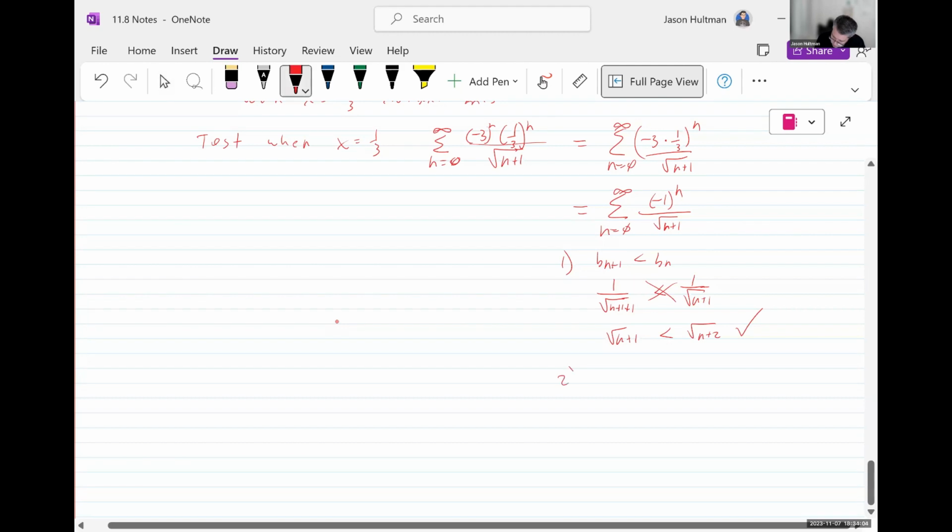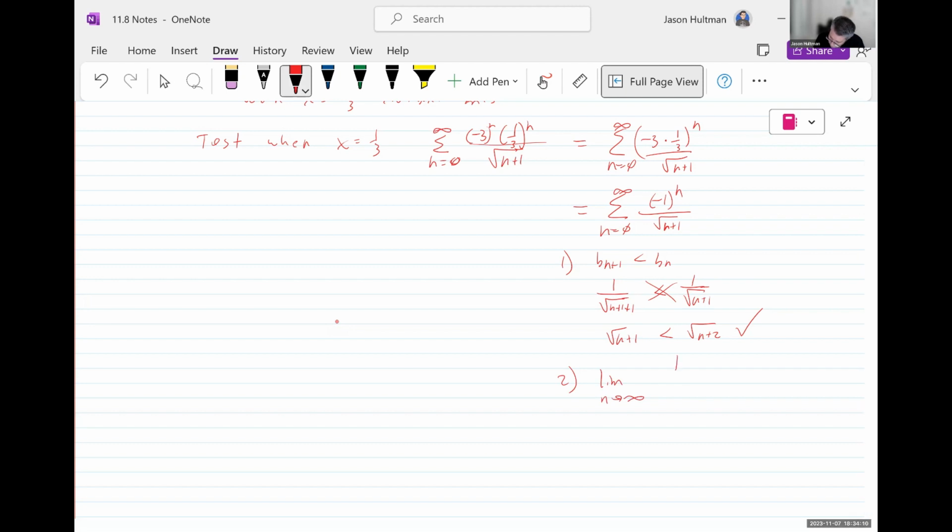So that checks. Number 2 is the limit as n goes to infinity of 1 over the square root of n plus 1. Does that equal 0? And it does. We could turn this into the limit as n goes to infinity of the square root of 1 over n plus 1, and we could easily see that that thing is going to go to 0.